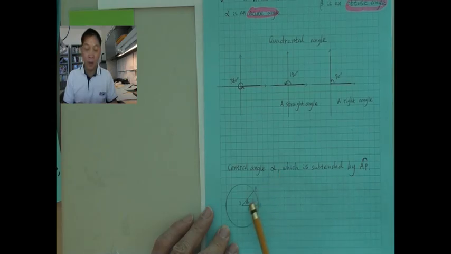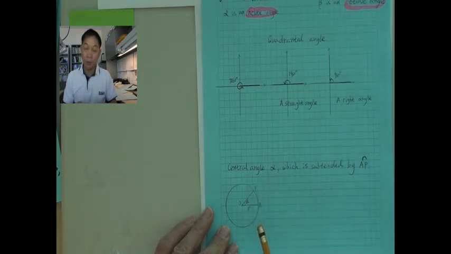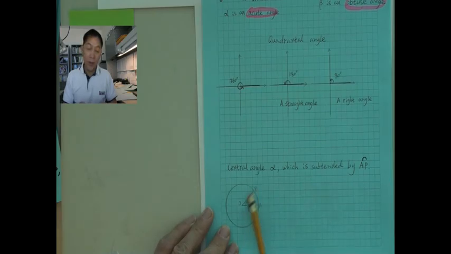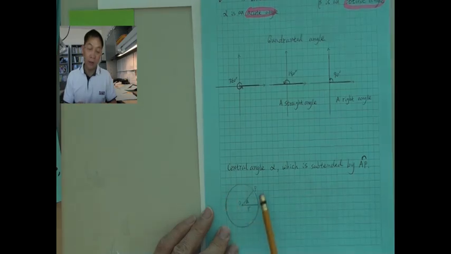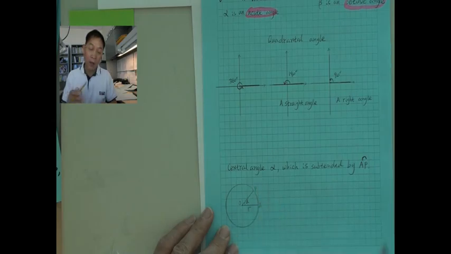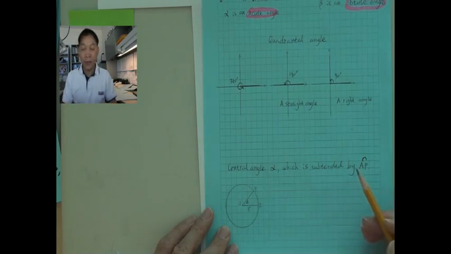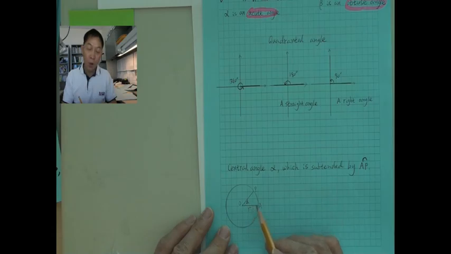Alpha here is called a central angle. Since we put this angle's vertex on the center of the circle, it corresponds to the arc AP. Okay? And then we say this angle alpha, or angle AOP, is subtended by this arc AP.